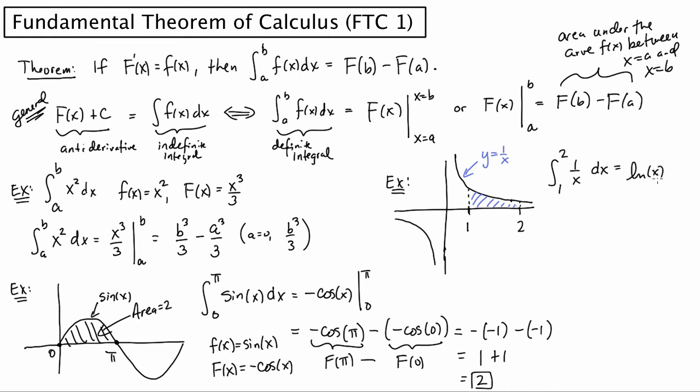So the antiderivative of 1 over x is natural log because the derivative of natural log is 1 over x. And we're going to evaluate that from 1 to 2. So this is the natural log of 2 minus the natural log of 1. And the natural log of 1 is 0. So this area in blue is equal to the value of the natural log function at 2.